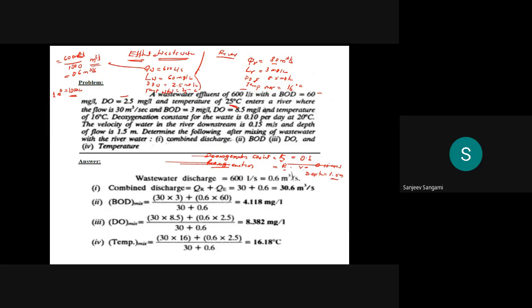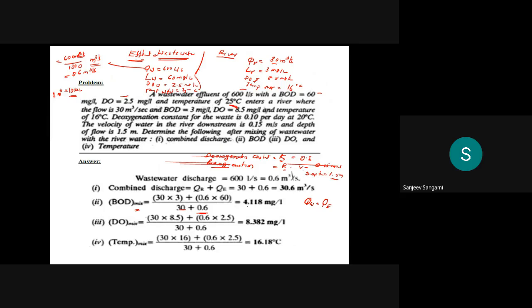QE, what I have taken here is that instead of QE I have taken QW, because I explained in the previous formula with QW. Here now you assume that wherever QW is equal to QE, that is the effluent. Then if I want to find out the BOD of the mix, I have to use the formula QR LR plus QW LW divided by QR plus QW.